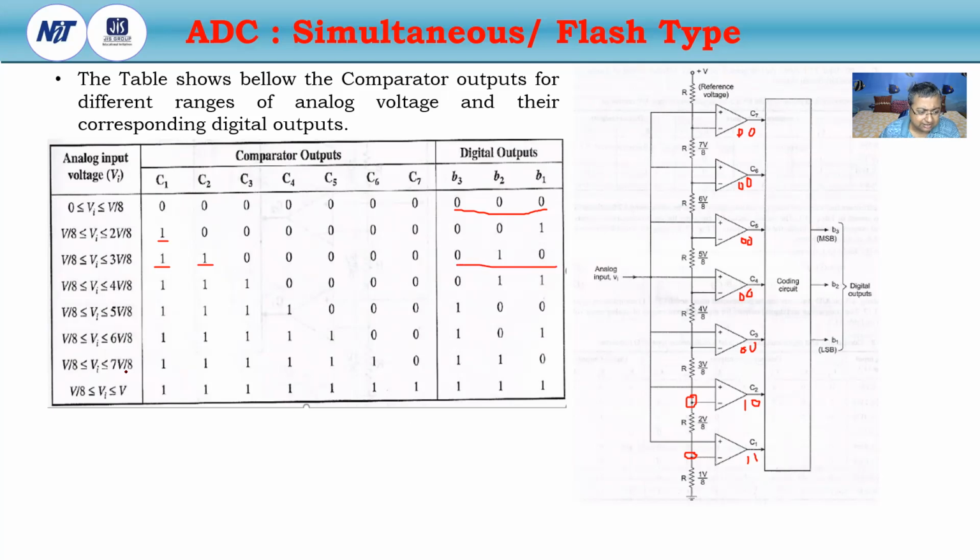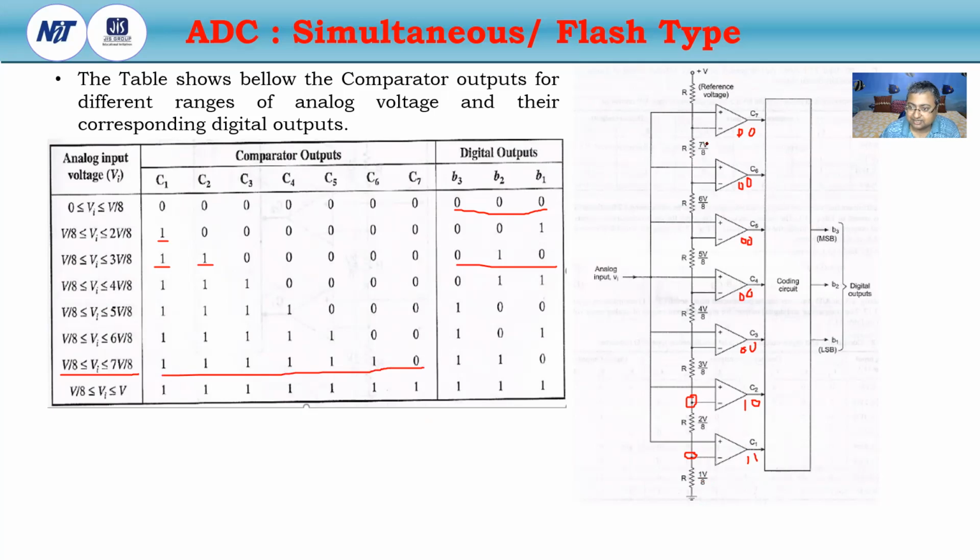Similarly, for the sixth comparator here, if the input Vi is greater than 6V/8 and less than 7V/8, that means this condition is less than 7V/8 and greater than 1V/8, then all the outputs are ones except C7.